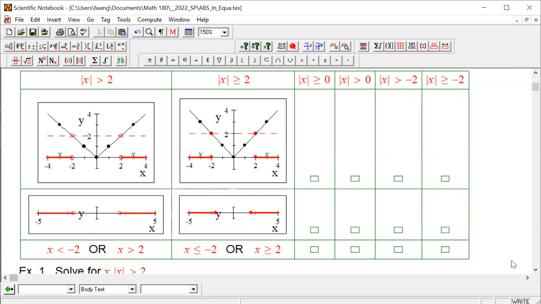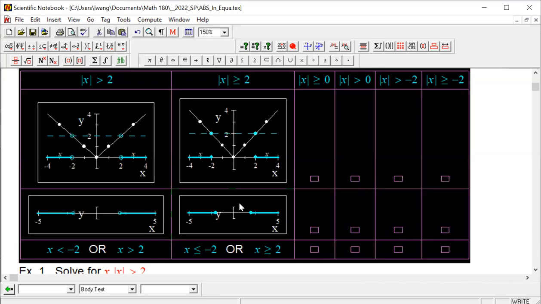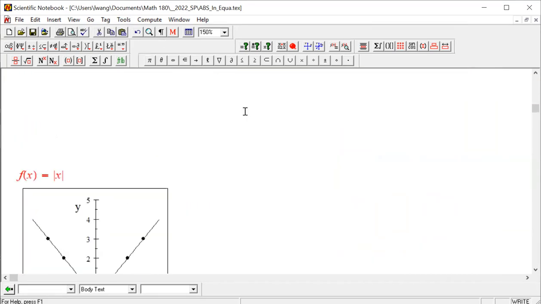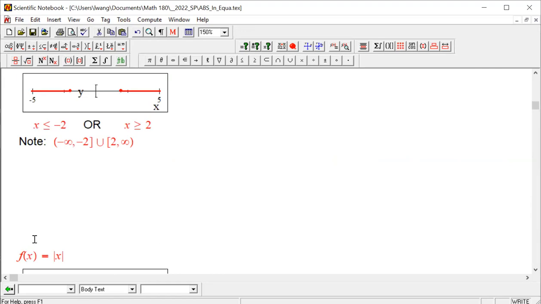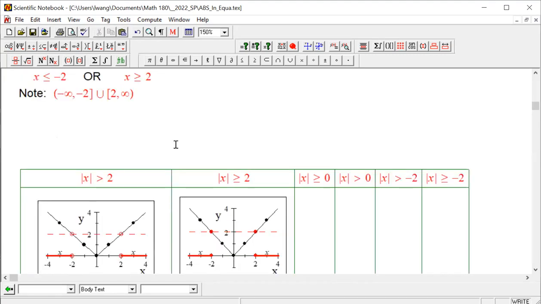So that's the second case. I'm going to bring this table with us for our convenience of comparison.